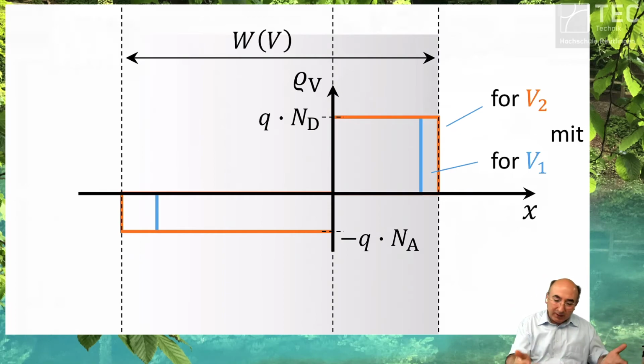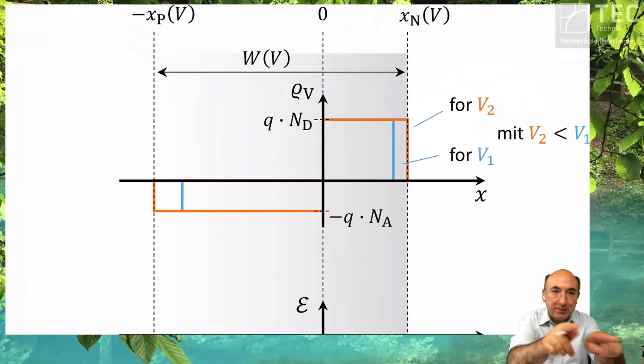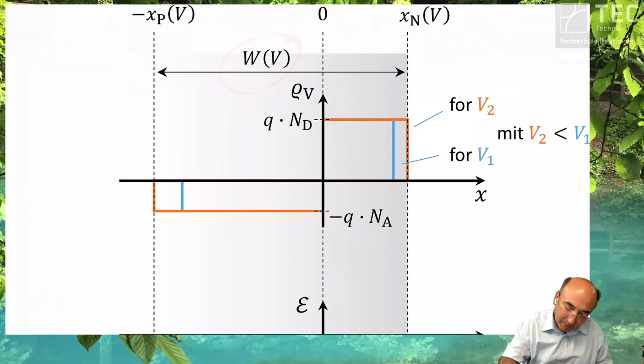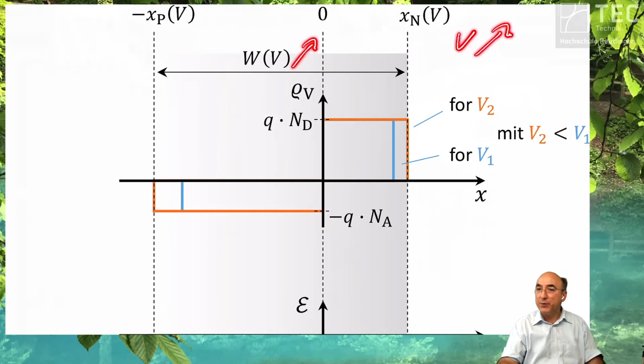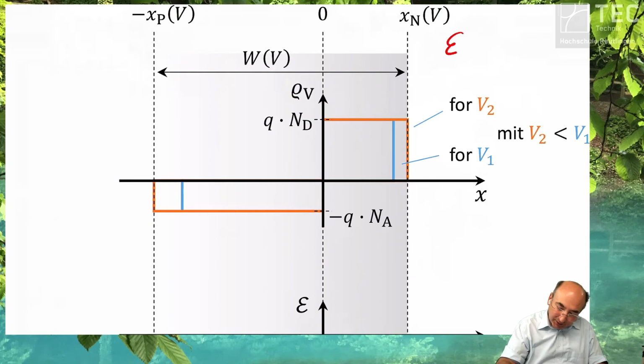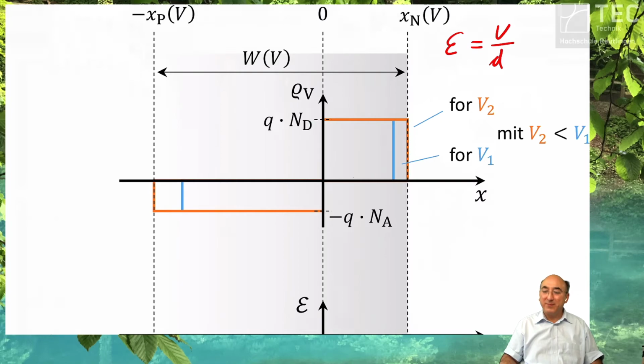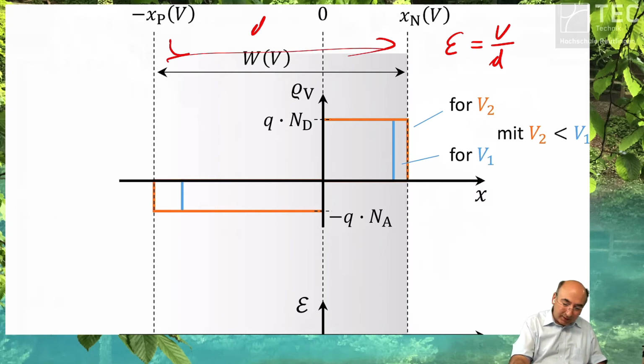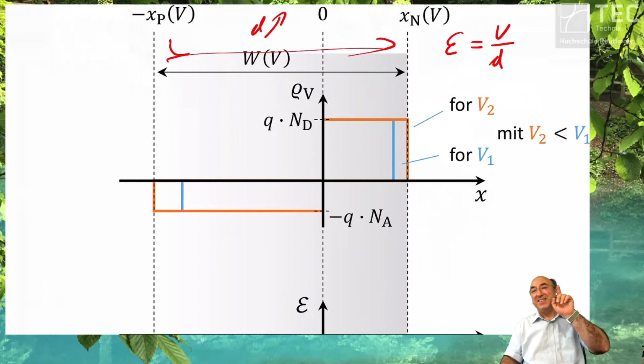We have seen that. But I'm looking now at this part, and say V increases if I increase the reverse bias. Why is the electric field increasing? Because the electric field is voltage per distance, and this distance is increasing. Yes, but how?